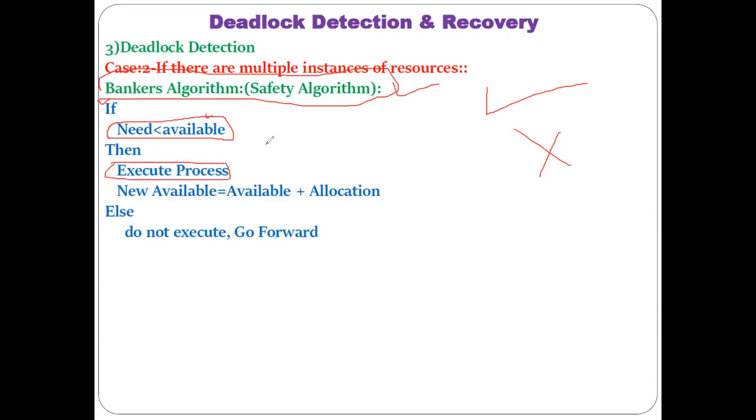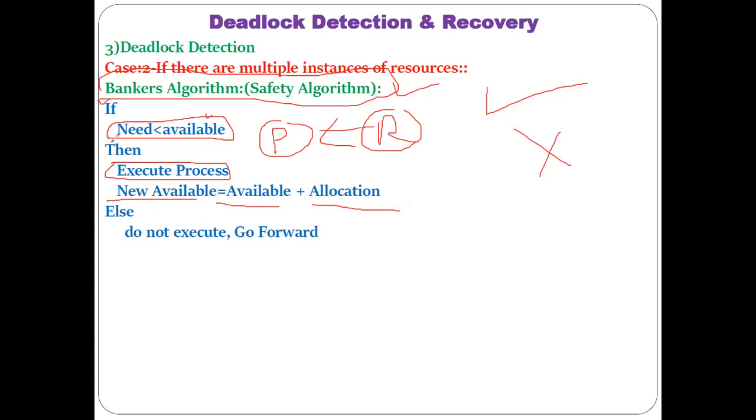Execute the process in the sense, allocate the resources to the process. That is the meaning of execute process. And after allocating the resources to the process, again calculate the new available resources. How to calculate the new available resources? That is available resources plus the resources which have been allocated.